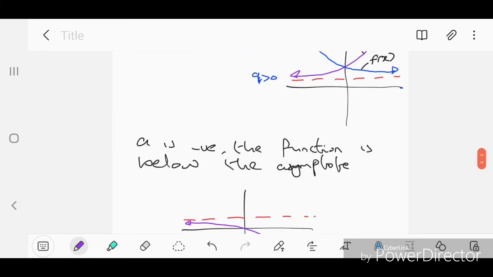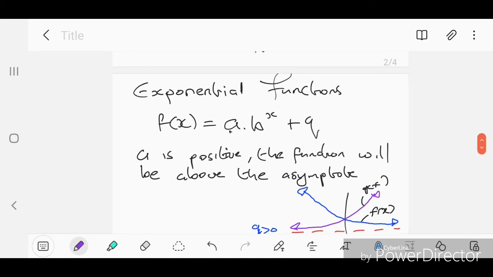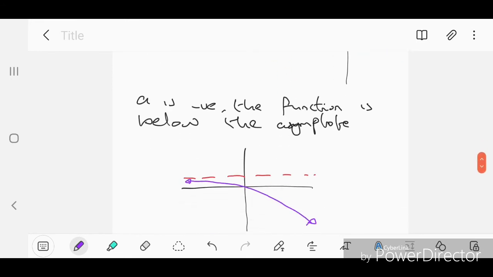Okay, so now we come to the effect of b.